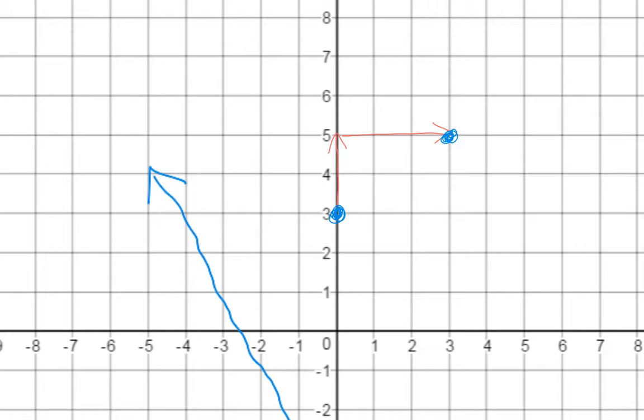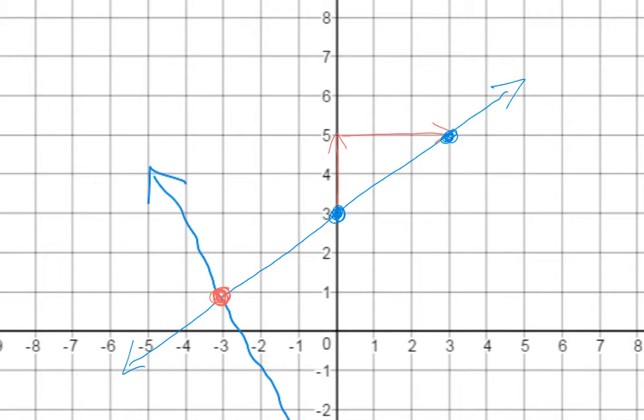And just like before, you're going to use a ruler to connect these 2 dots very carefully. I'm going to do this freehand, and we're going to find something very interesting. 2 lines intersect at a very special point. This is called the point of intersection.